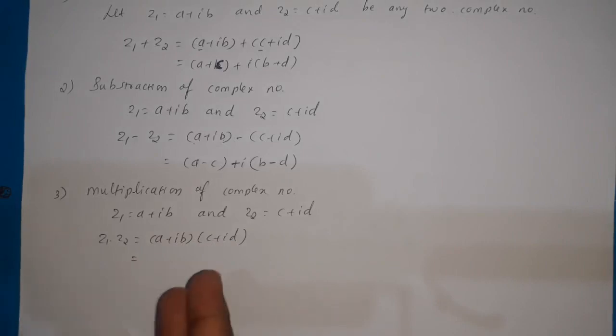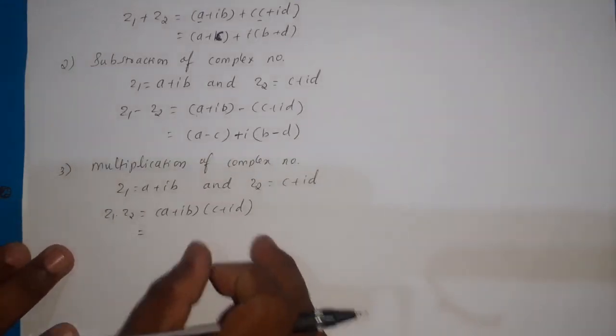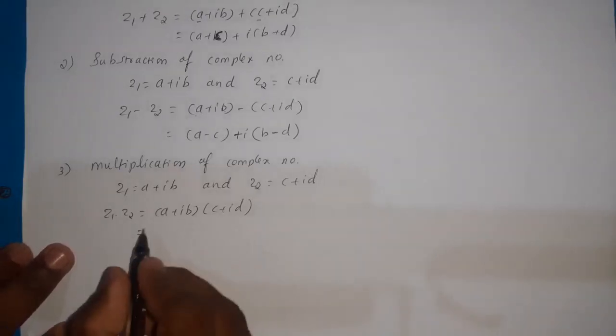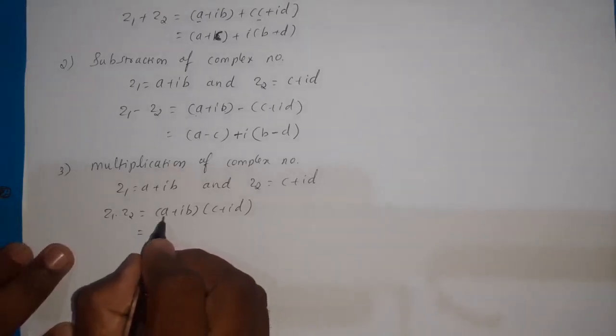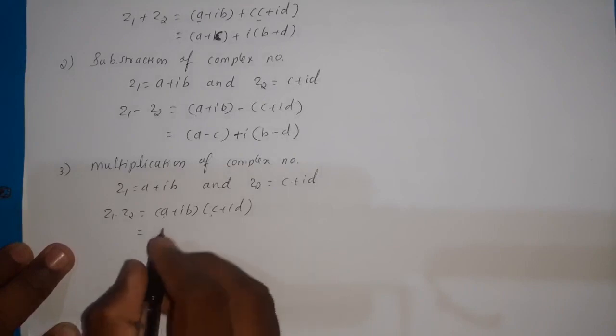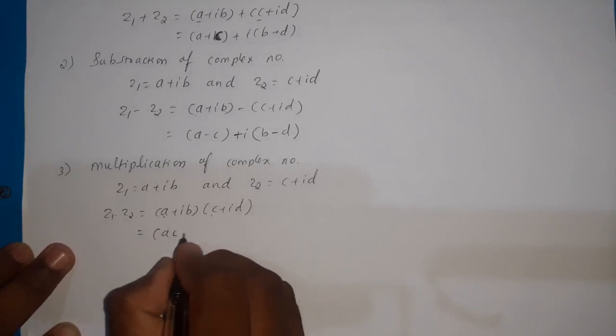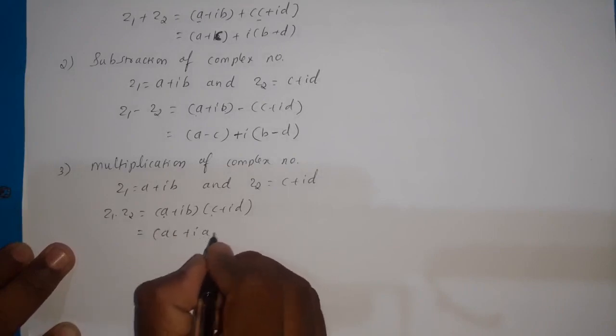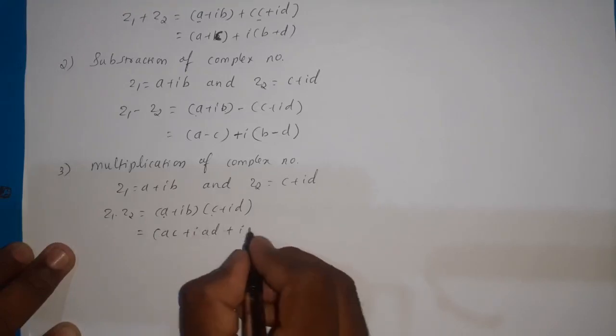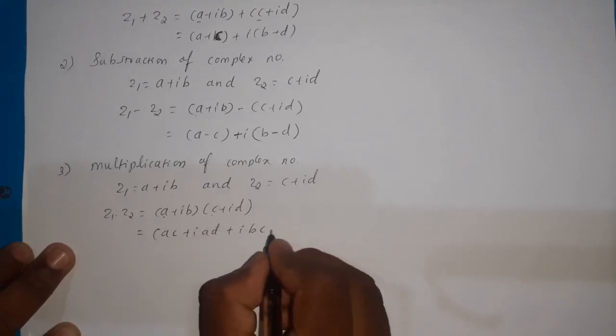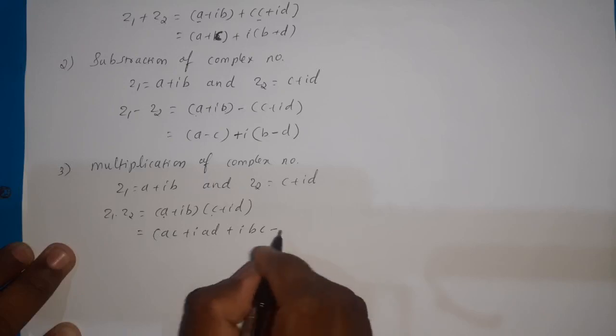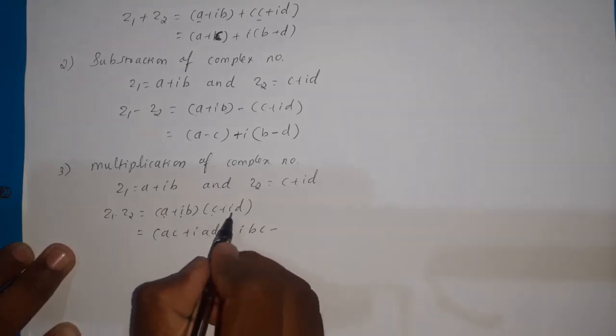It is similar to the multiplication of two algebraic expressions. Here is the first one and the second one. How do we multiply these two? First, the first term of this one into the first term of this one, that is ac, plus i into ad, plus i into bc, plus here i into i, that is i square.